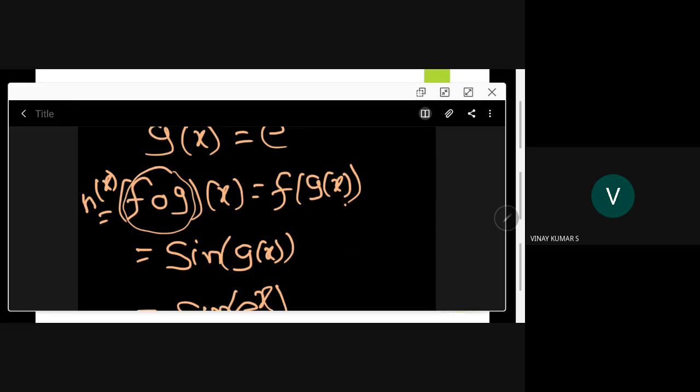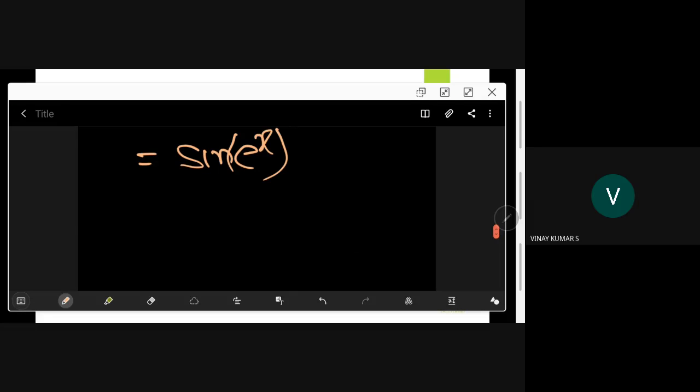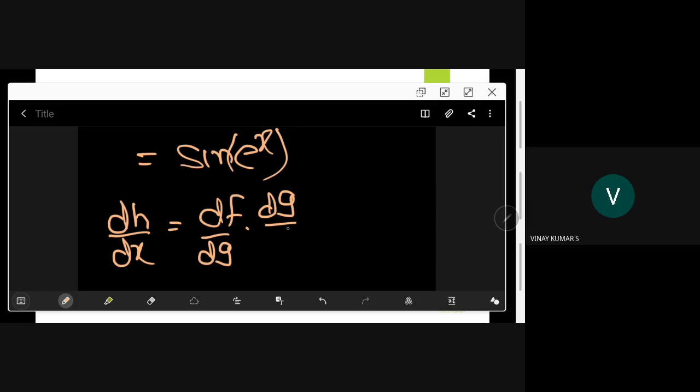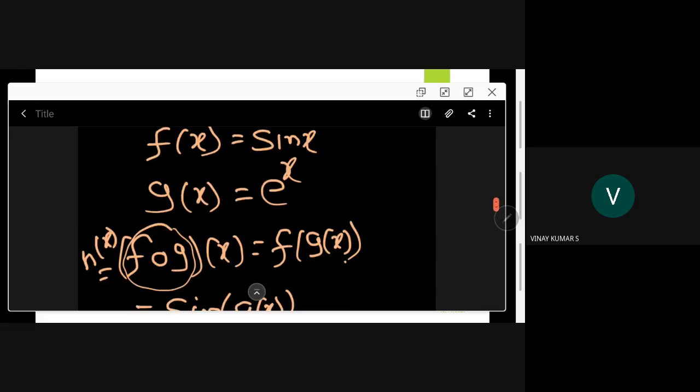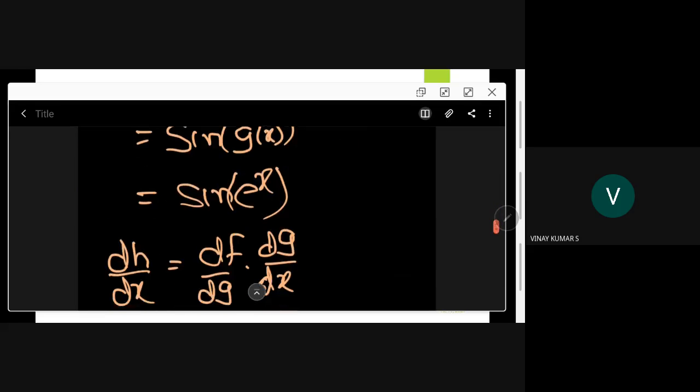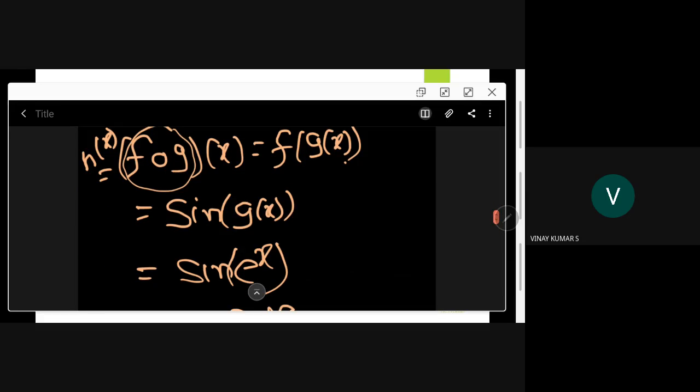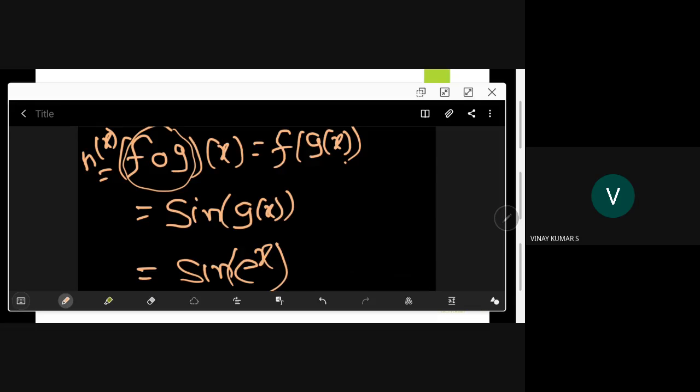Now see what we are saying: dh by dx we want. It says that df by dg, treat that as into dg by dx. This is what the chain rule says. So treat g as an object here. If you have df by dg, it means f of g of x is there here.